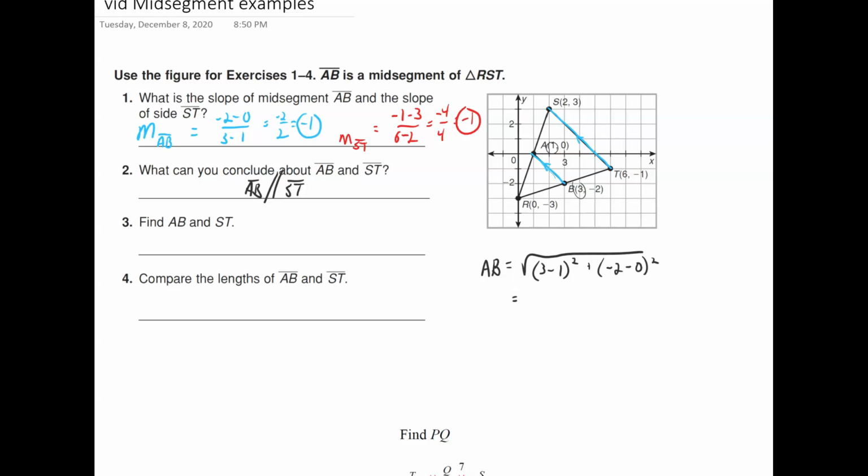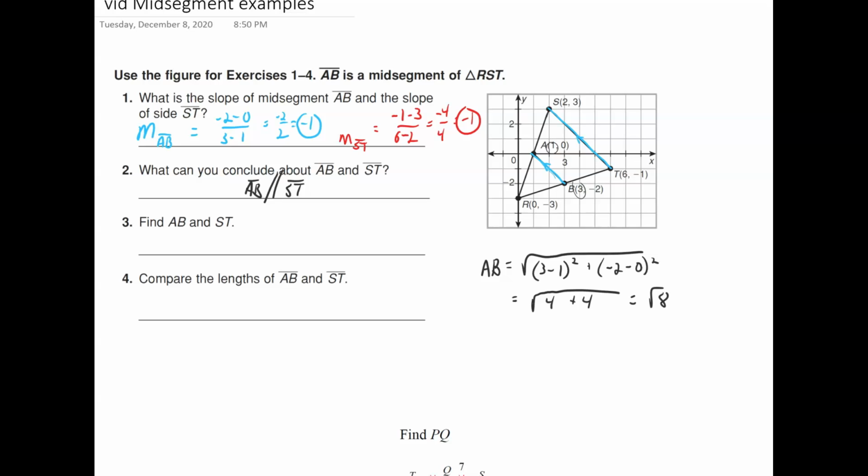Okay, and that would be the square root of 2 squared, which is 4, plus negative 2 squared, which is also 4. They're added. That's the square root of 8. Not negative 8, it's the square root of 8.